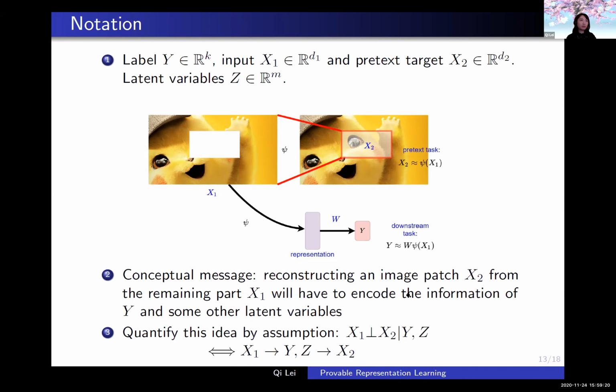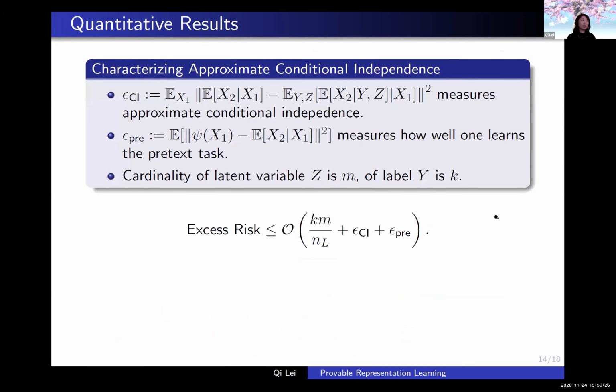With this kind of assumption, self-supervised learning can probably help you with downstream tasks. And we have shown that. So first, we want to quantify the approximate conditional independence. So we use some divergence between x2 and x1 to measure it. Let's just say this quantifies the approximate conditional independence, and also let epsilon pre measure how well you learn the pretext task.